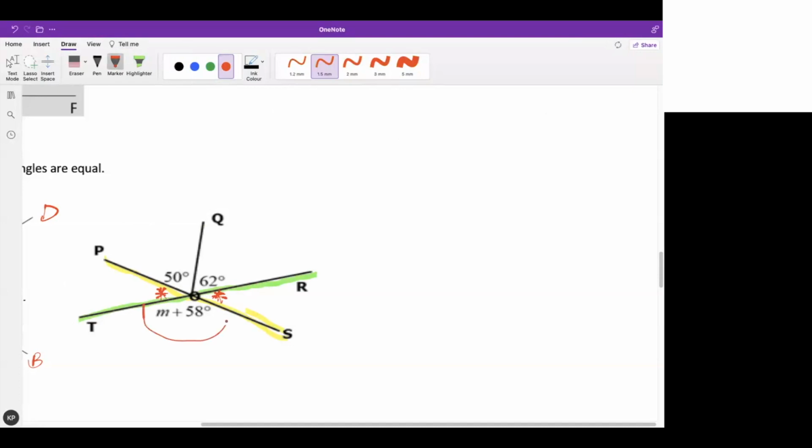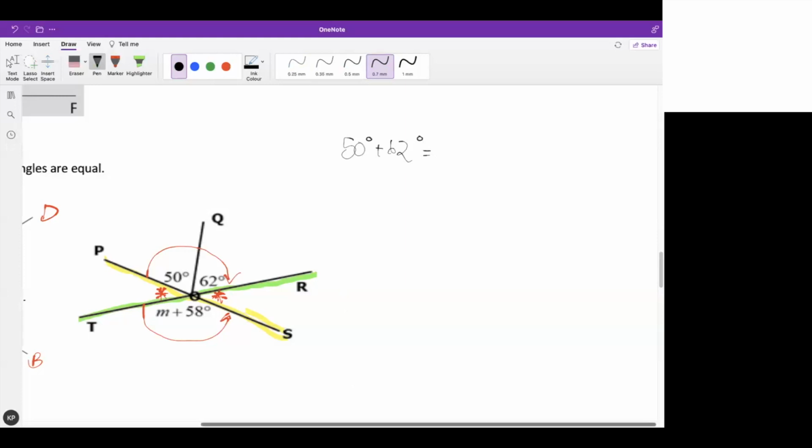Therefore, this whole angle has to be vertically opposite to that whole angle. Do we see? Yes, ma'am. So then 50 plus 62 equals what? 112. Okay, but it's going to equal what? Because they're vertically opposite.